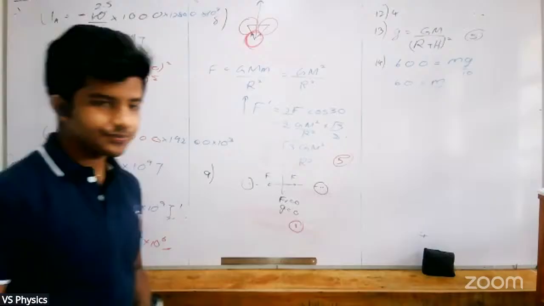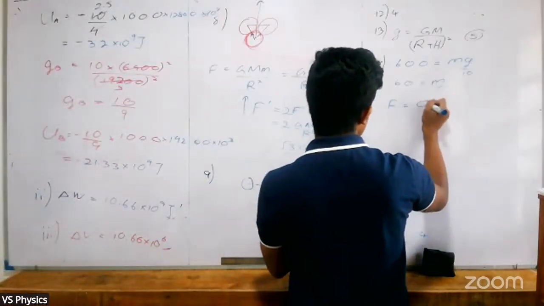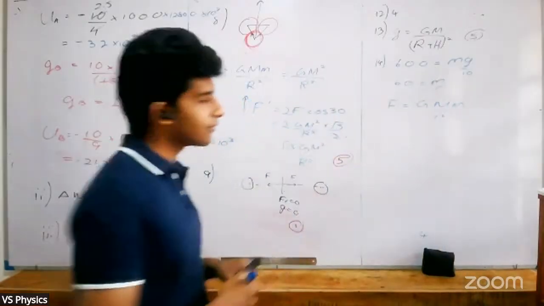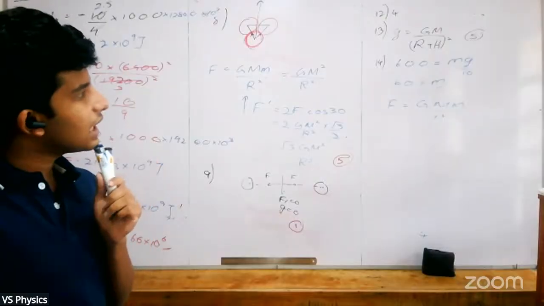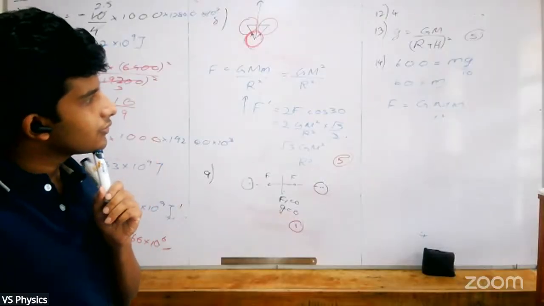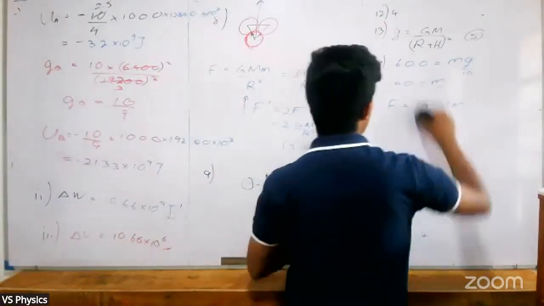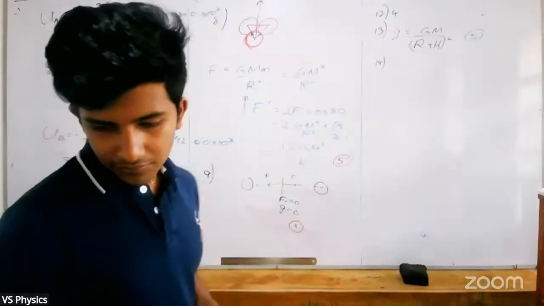Next, we have to find F equals GMm over r square. It's not good to do it that way. Let's discard that idea. We have to go with proportionality.